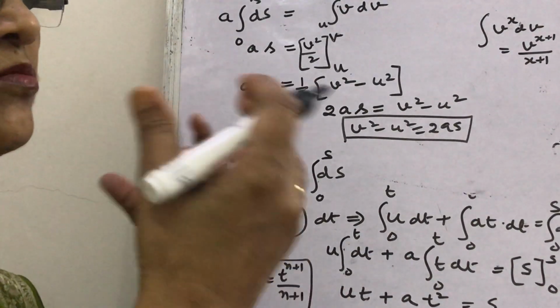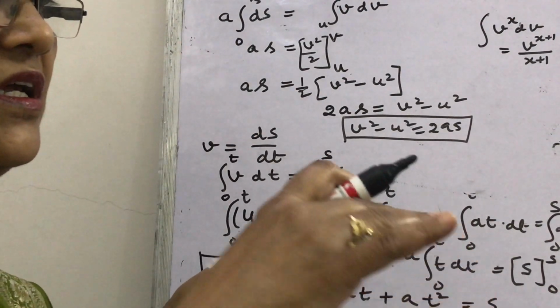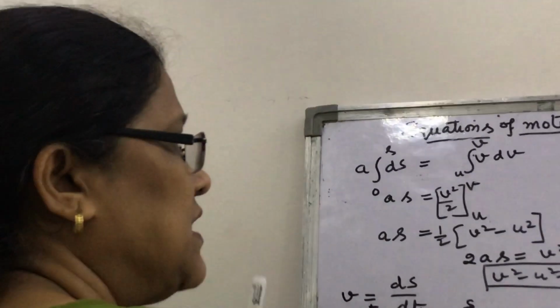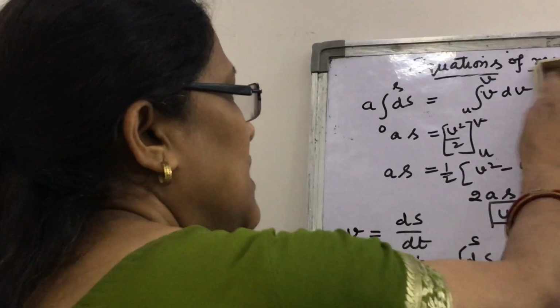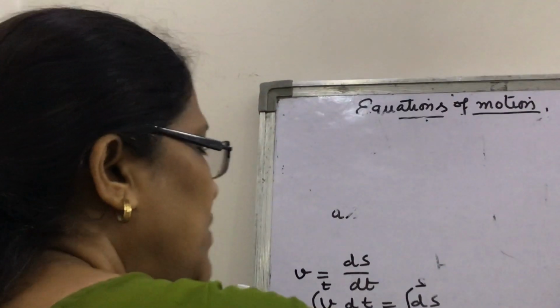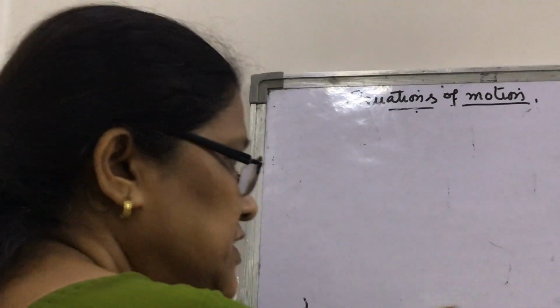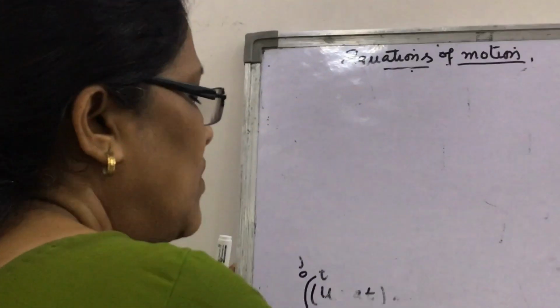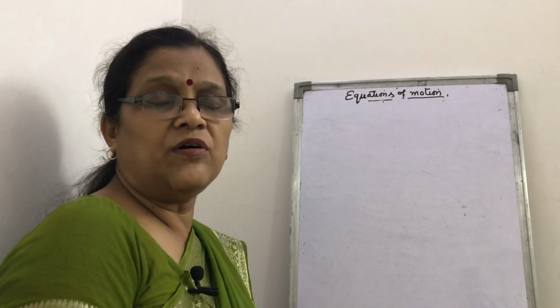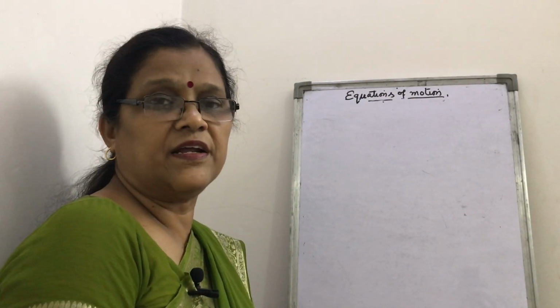Now if an object moves in a certain direction with constant acceleration, then there is an interesting equation: how will you find the distance covered by the object in the nth second of its motion? The meaning of distance covered in the nth second.